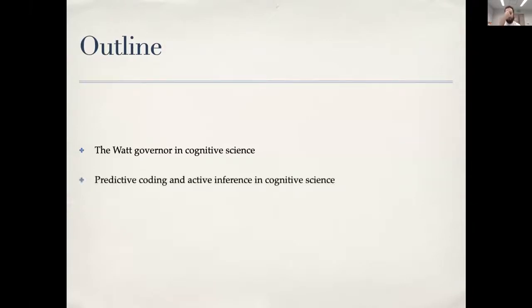Then a very brief overview of predictive coding and active inference theories and why I think they might be relevant for the study of cognitive systems. Then I'm going to make a connection, which was the main selling point of this manuscript. And then I'm going to draw some conclusions of what this may entail and how it should be understood.